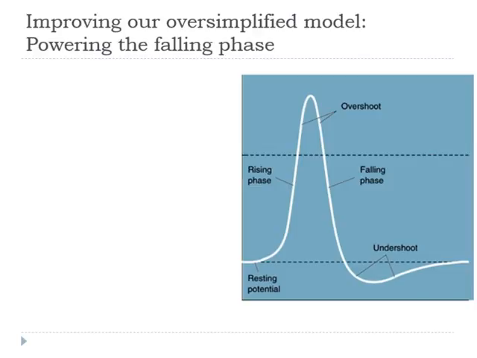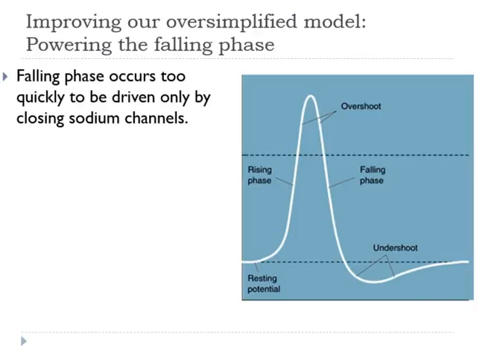Furthermore, actual real neurons have this weird little undershoot, and our model doesn't explain that at all, right? I mean, we just see going back down to resting, and we stay at resting. At least that's what my picture's supposed to show. So we need some way to explain how we get a very rapid repolarization phase, or falling phase, and we need to explain this undershoot somehow.